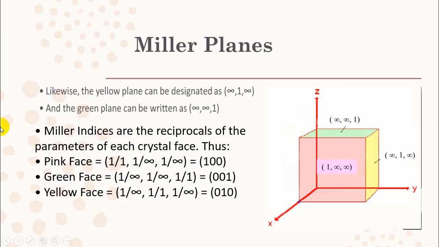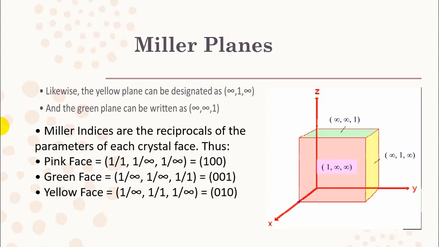Let's see other Miller planes for different Miller indices. Likewise, we can demonstrate the yellow plane by infinity, 1, infinity, and we can see the green plane, which can be written as infinity, infinity, 1 enclosed by parentheses.